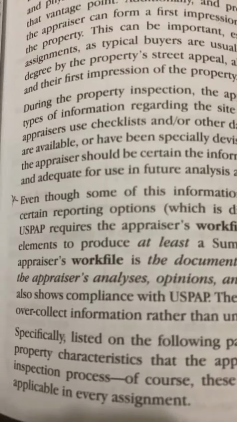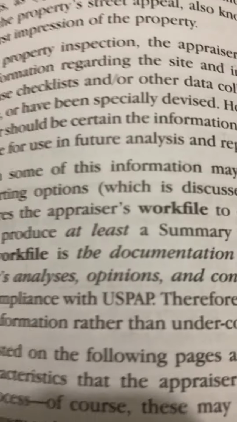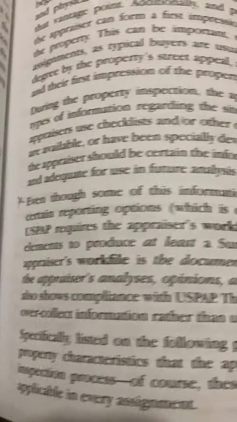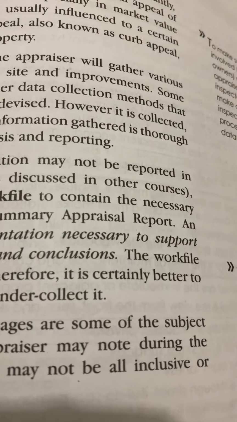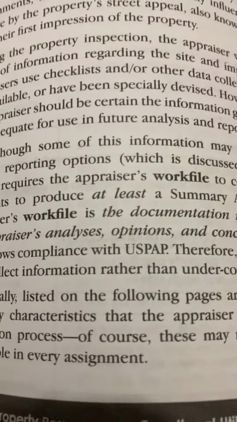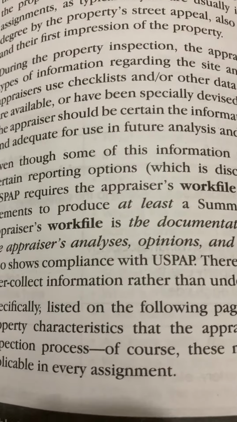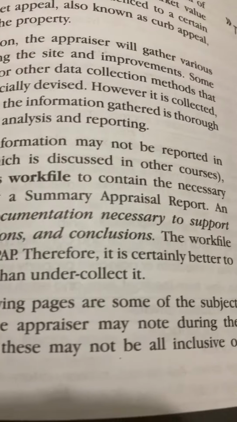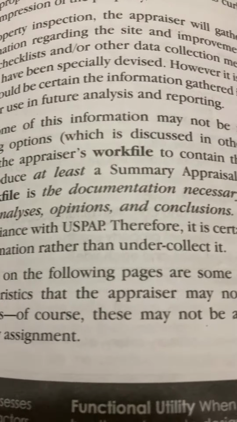Even though some of this information may not be reported in certain reporting options, which is discussed in other courses, USPAP requires the appraiser's work file to contain the necessary elements to produce at least a summary appraisal report. An appraiser's work file is the documentation necessary to support an appraiser's analysis, opinions, and conclusions. The work file also shows compliance with USPAP.